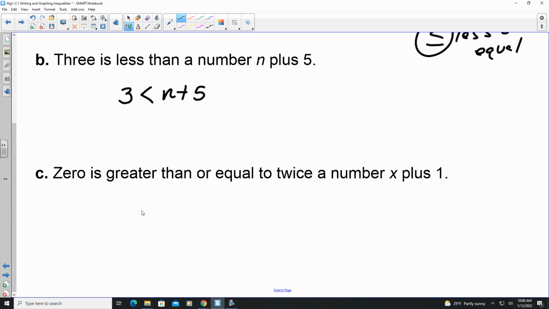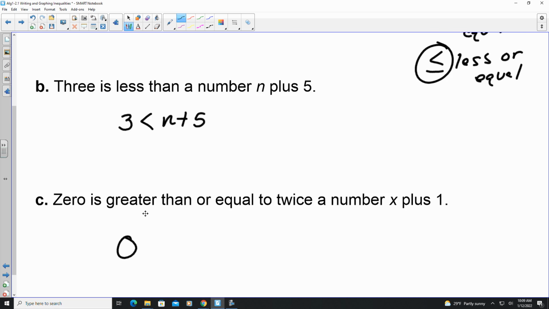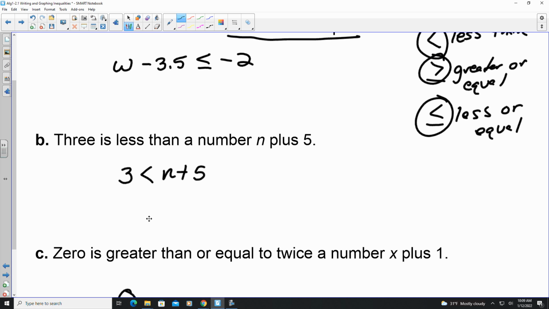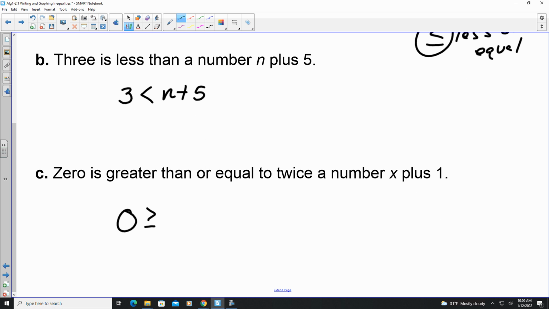And then the final one, C, says 0 is greater than or equal to twice a number x plus 1. So we have 0 greater than or equal to twice the number x, so 2x plus 1. So those are how we would represent those different sentence passages as inequalities.